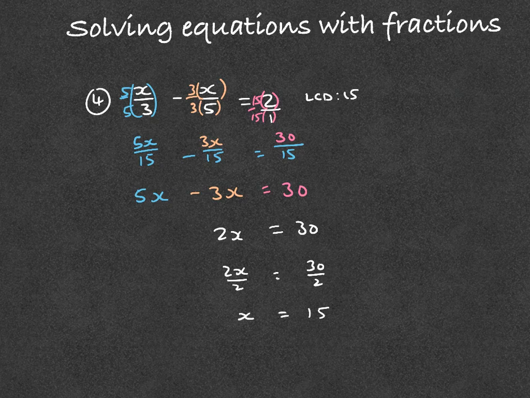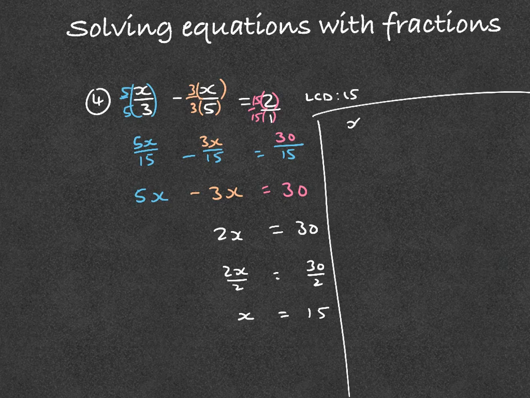And then you can just double check if that answer makes sense. I won't advise it with this question, but you could have gone this way as well. So x over 3 minus x over 5 is equal to 2. First of all, you might consider, okay, I want to get rid of this divide by 3. What's the opposite of dividing by 3? Multiplying every single term by 3.